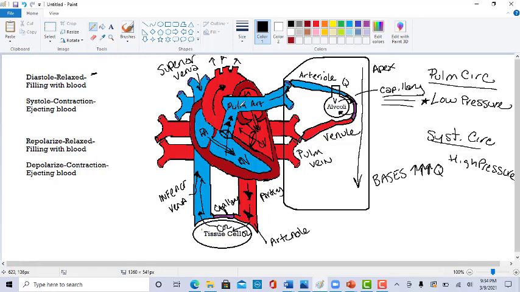So pulmonary circulation starts in the pulmonary artery, ends in the pulmonary vein, and your systemic circulation is essentially everything else. We also talked briefly about the coronary circulation, and that we're not going to talk about a lot. You have to know the 3 slides that I did, and that's just the heart basically circulating blood to itself.